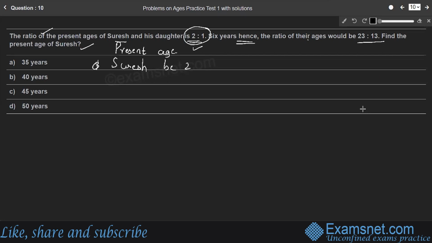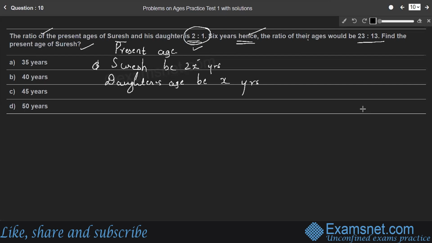Then his daughter's age will be x years. Therefore, the ratio becomes 2x to x, which is nothing but 2:1, right?